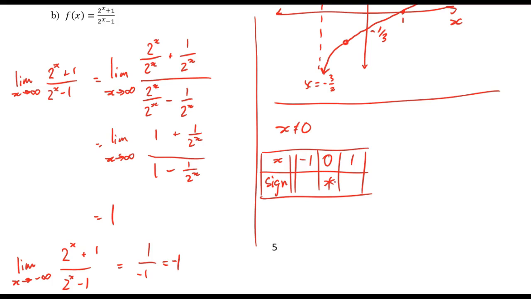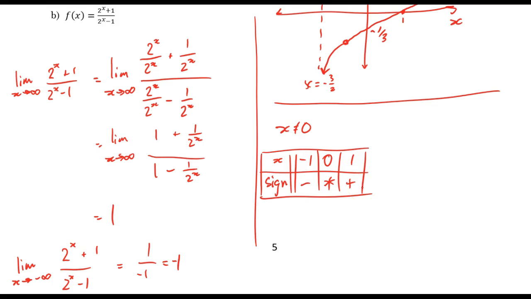If x is negative 1, 2 to the negative 1 is a half plus 1, positive. 2 to the negative 1 is a half minus 1 is negative. Positive divided by negative is negative. And if x was equal to 1, I'd have 2 plus 1 is 3, over 2 minus 1 would be 1, so I just get positive 3.